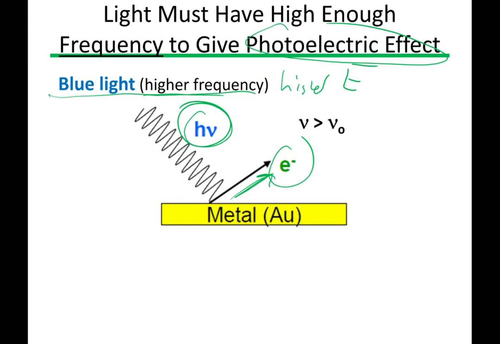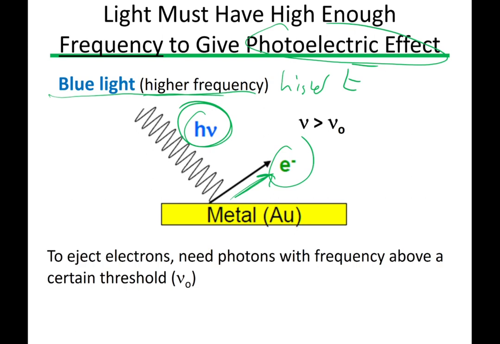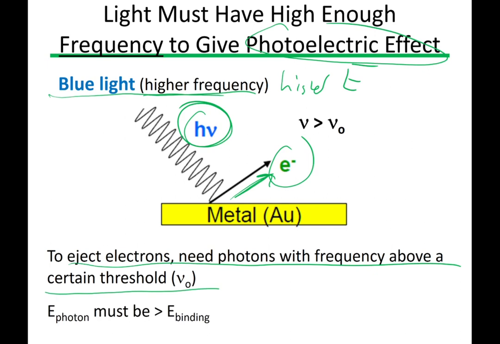And if the photons, like the red light, didn't have enough energy, no amount of them would be sufficient to eject an electron. In other words, in order to eject one, you're going to need photons with a frequency above a certain threshold. And more specifically, the energy of that given photon must be higher than the binding energy of that electron to the metal.